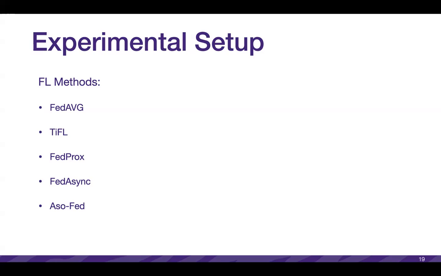The server can decide the local epochs based on their computation capability. And in FedAsync, all of the clients take part in the global training, and whenever they finish their local training, they can send their local model back to the server.